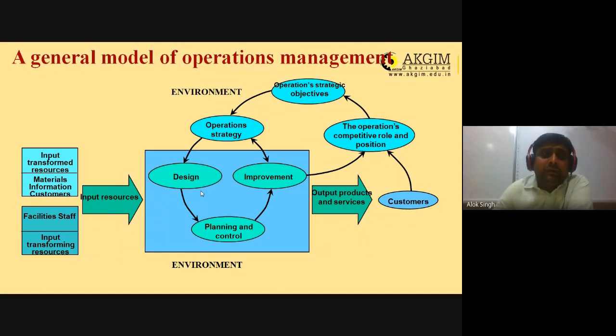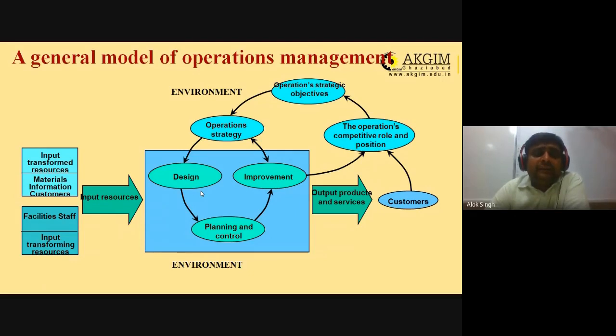Sometimes in some organizations the design department is built into the operations function, and in some organizations it is separate. We may take the example of Amul and Mother Dairy. These two companies have a separate R&D wing apart from their plants, and they are continuously testing new models or new types of products.